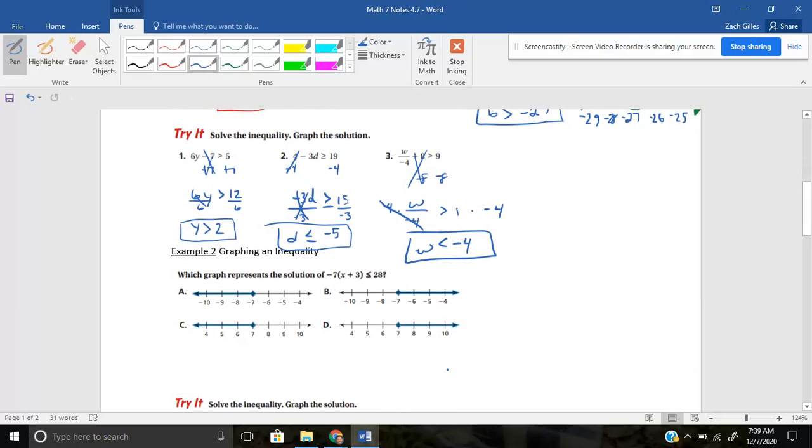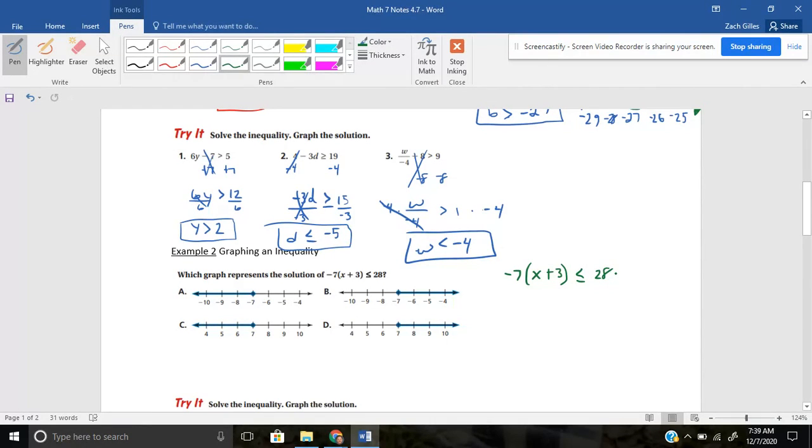Example 2 here. You might notice that we've got some parentheses. And there are actually a couple different ways to do this problem, and I will show you both. So negative 7 times x plus 3 is less than or equal to 28.